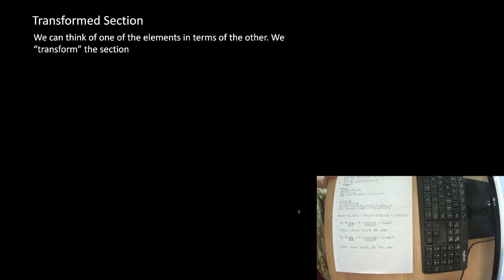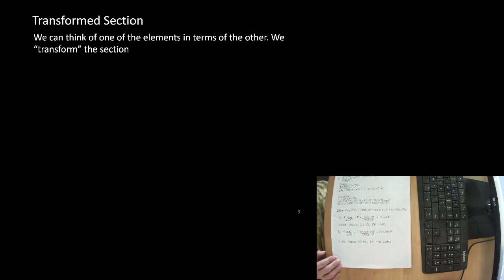Sometimes what's really handy for us is to actually pretend the materials are the same. So rather than say, this is the combined stiffness of the steel, and this is the combined stiffness of the concrete, depending on the material properties and the area of it, sometimes we'll talk about them as if they're the same material, because that can make some of our calculations a little bit easier.